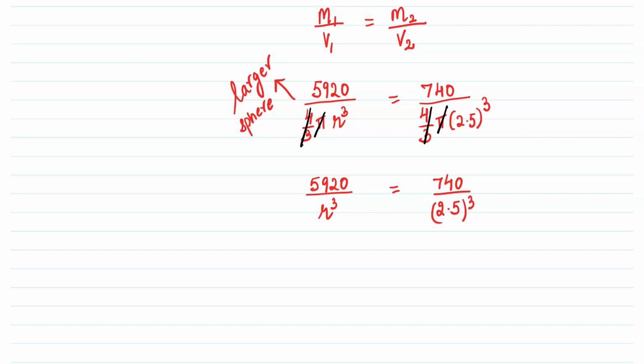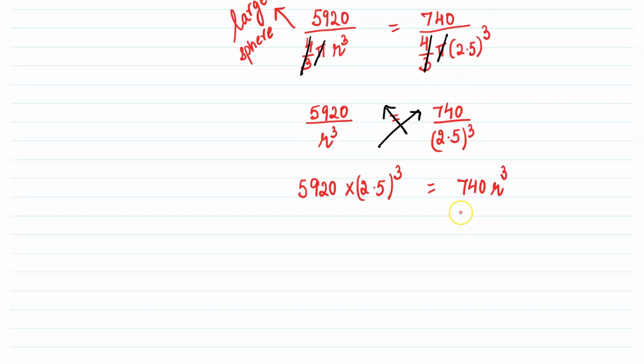So, let's cross multiply. So, let's see what do we get. We get 5,920 into 2.5 whole cube equals 740 r cube. And we have to figure out the value of r cube.